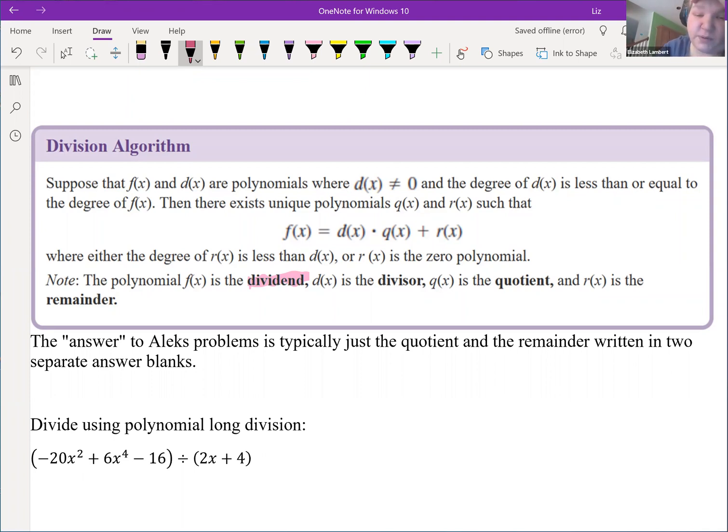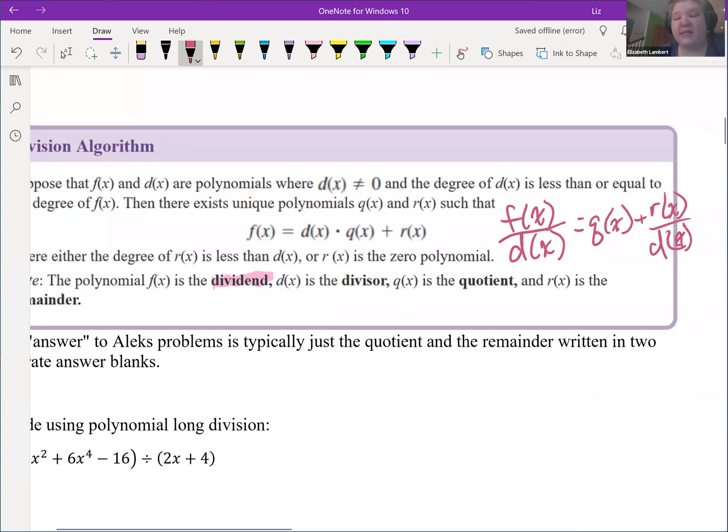Another way to write this would be f of x over d of x equals q of x plus r of x over d of x. So I just took the result they had here and divided everything by d of x.